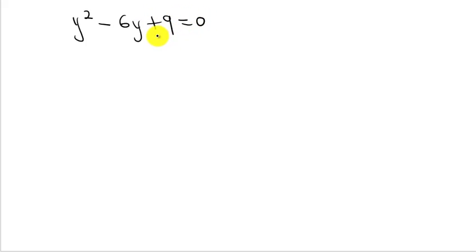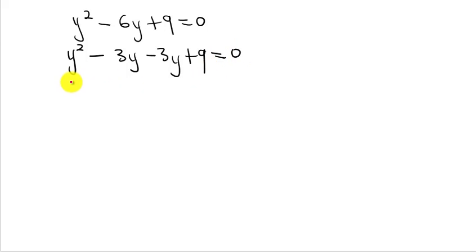So as it stands like this, we have to solve for y, either by using the factorization method, or the completing of squares, or the general quadratic formula. So we can use the general quadratic formula or the factorization method. Okay, so this will give us y² minus 3y minus 3y plus 9, and this equals 0.